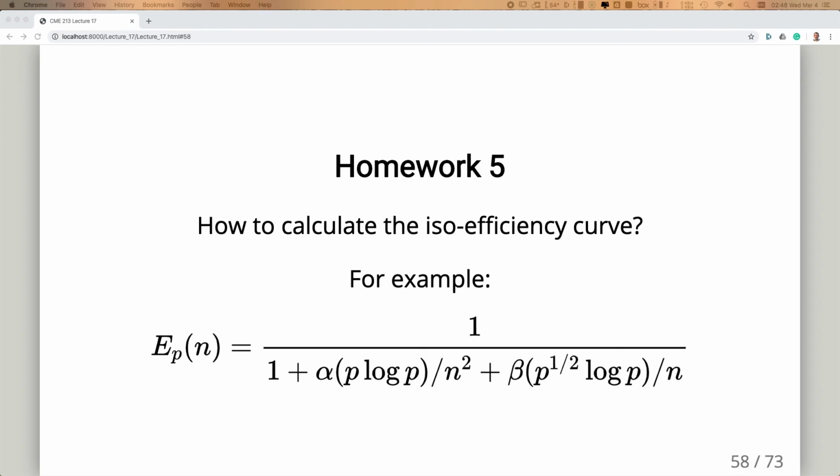Okay, and you want E to be constant, so this is the same as this being constant. Now the question is, I told you that once you're at isoefficiency, this term is constant, and this term goes to 0. But how do you know that? The way to go about this is that when you do isoefficiency, you're going to have the sum of a bunch of terms.